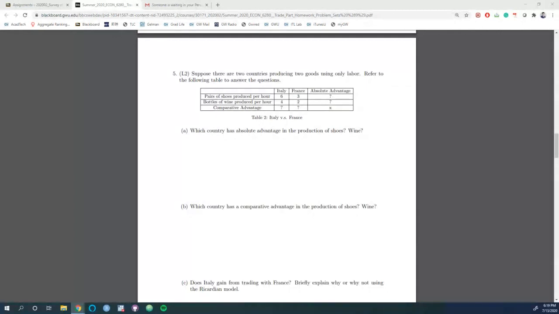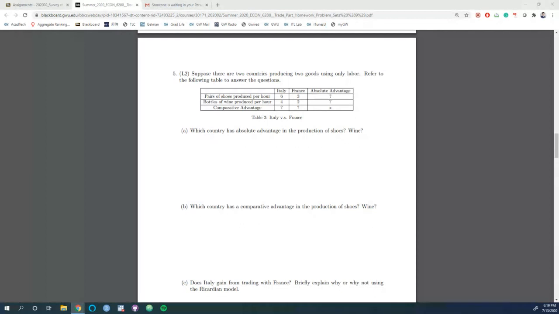The MPL. MPL stands for marginal product of labor, right? So what's the meaning of the marginal product of labor? It means if I hire an additional 1 hour of labor, or I hire an additional unit of labor, how much production they make.